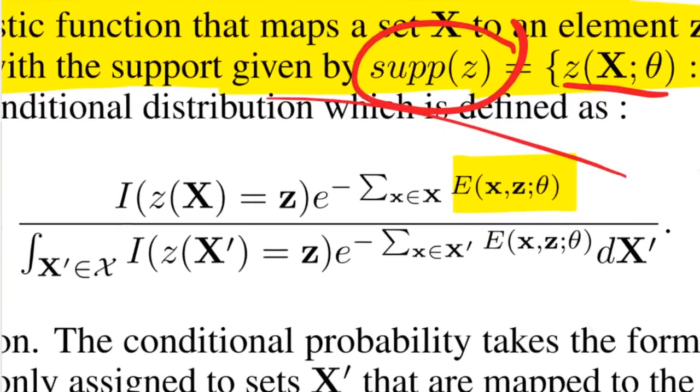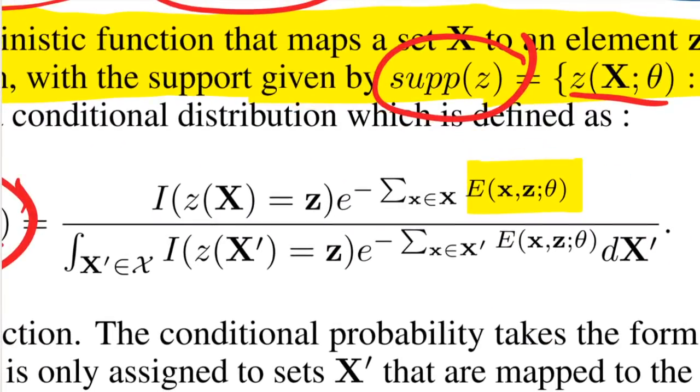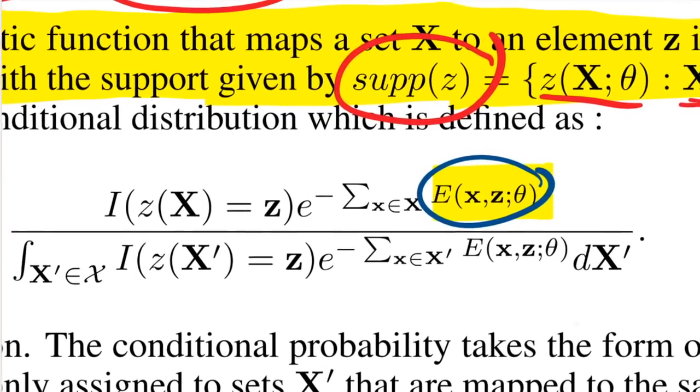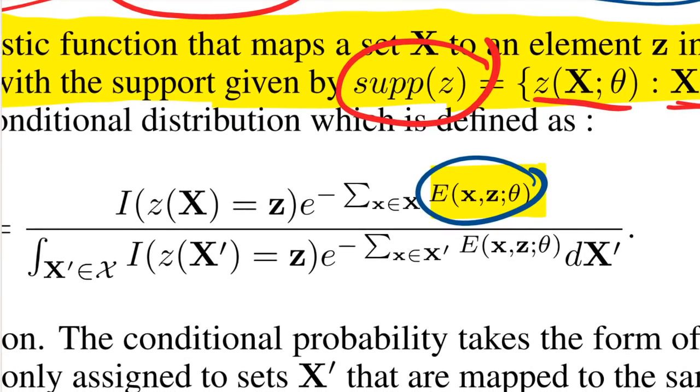So what we need to do are two things. We need to know what this energy is. So what is this energy supposed to do? This energy is going to be a function that gives you a high value if you are unhappy with the input, and a low value if you are happy with the input.